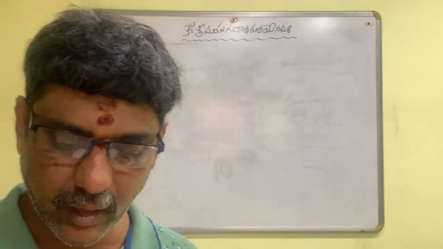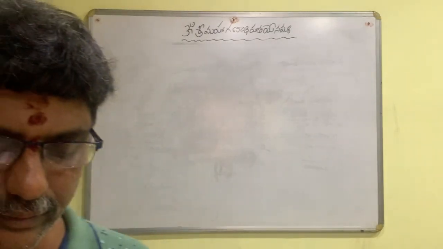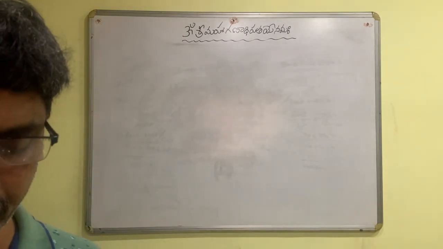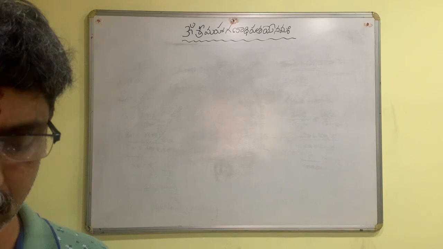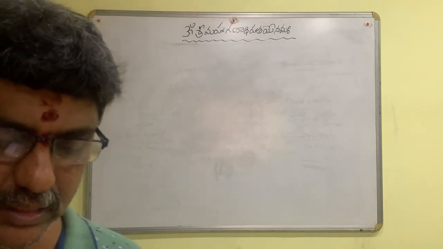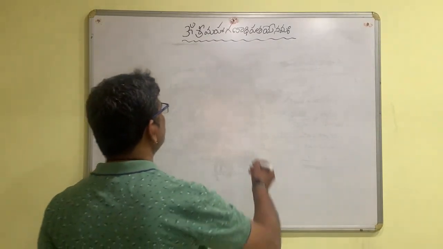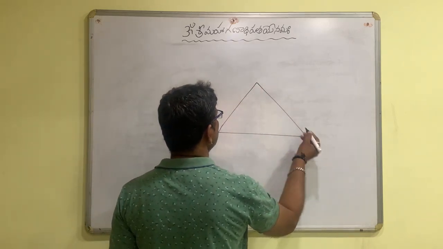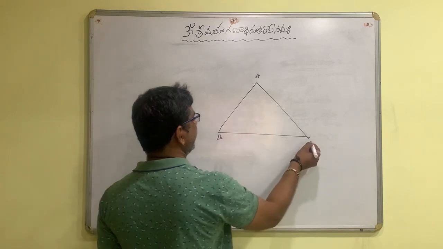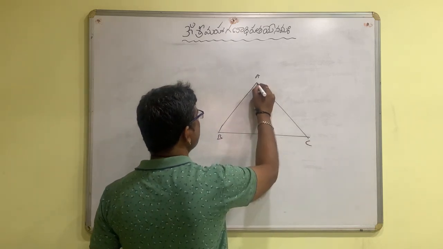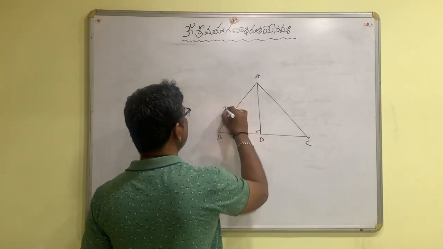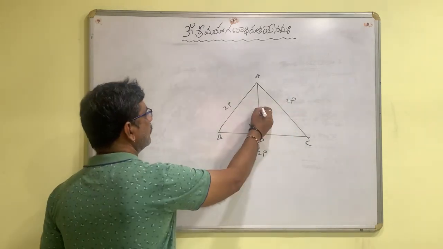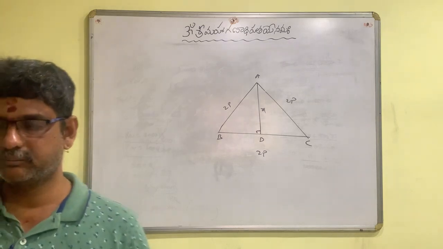Triangle ABC is an equilateral triangle with each side 2p. AD is perpendicular to BC, then the value of AD is? ABC is an equilateral triangle. AD is perpendicular to BC. We need to find the length of AD.